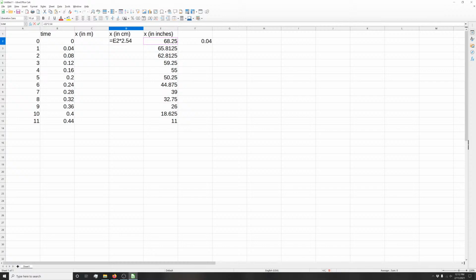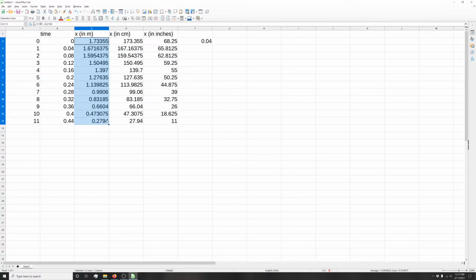There's 2.54 centimeters in every inch. So it was about 173 centimeters. And then to convert that to meters, divide that by 100, because there's 100 centimeters in a meter. And done.